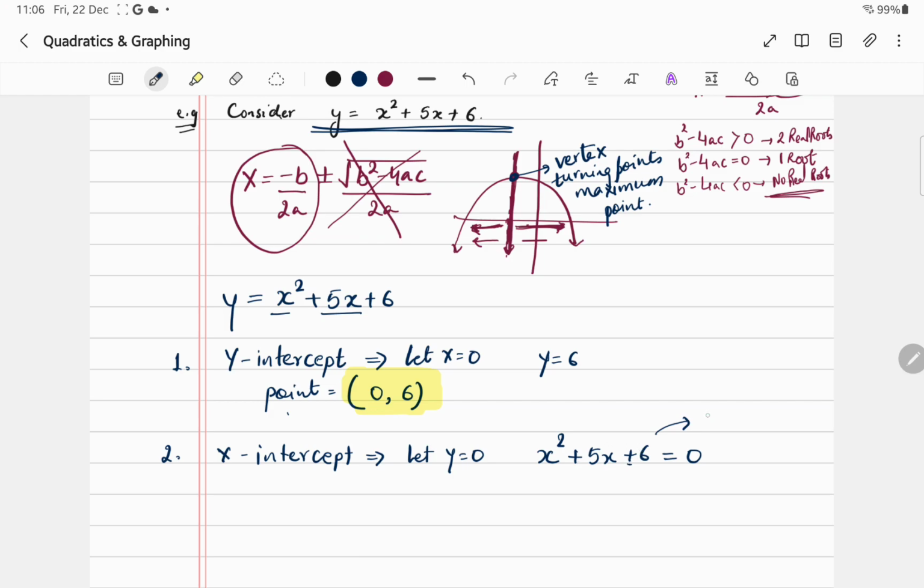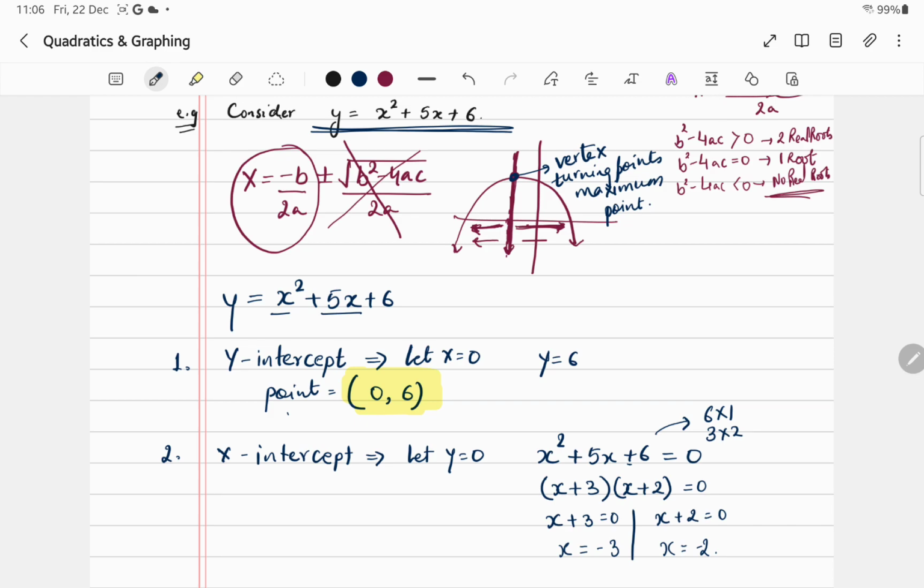The factors 6 times 1 do not add to 5. Another pair is 3 times 2, and when you add them you do get 5. So the factors are (x plus 3)(x plus 2) is equal to 0. Setting x plus 3 is equal to 0 and x plus 2 is equal to 0 gives x is equal to minus 3 and x is equal to minus 2.